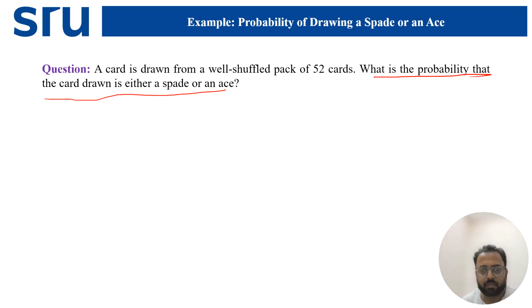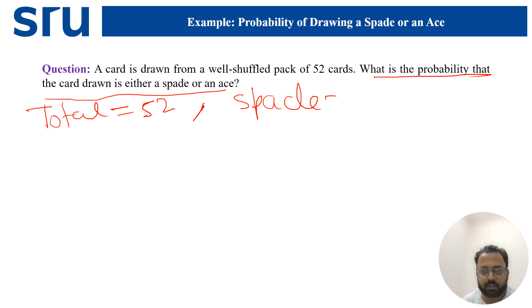So total number of cards is 52, total spade cards 13, and total number of ace cards in a deck of playing cards is 4.